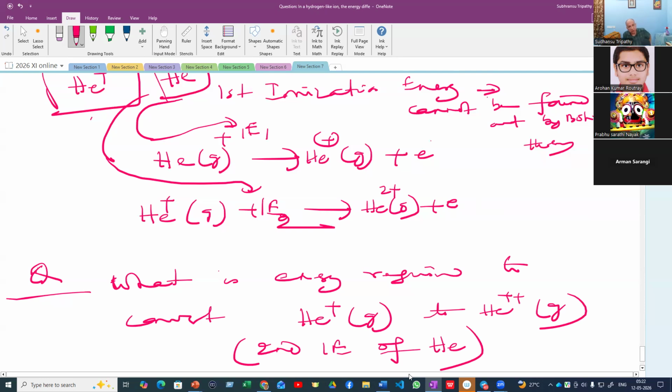Tell me, what is the energy required to convert He plus to He double plus? That means to remove the only electron present in He plus from the first shell to the infinite distance. You answer in terms of K. You need not calculate. I don't need you to calculate.